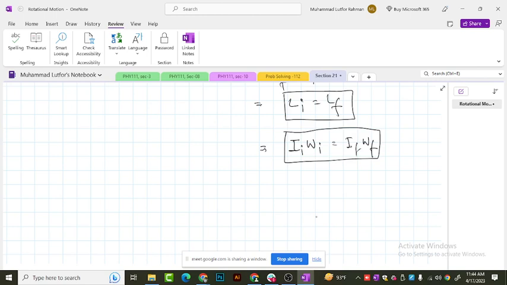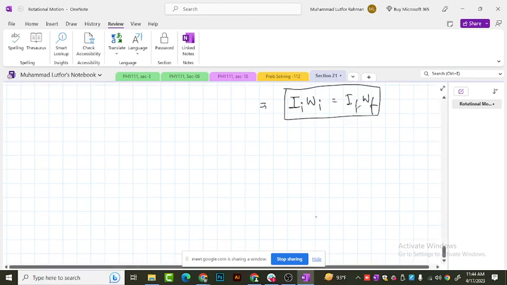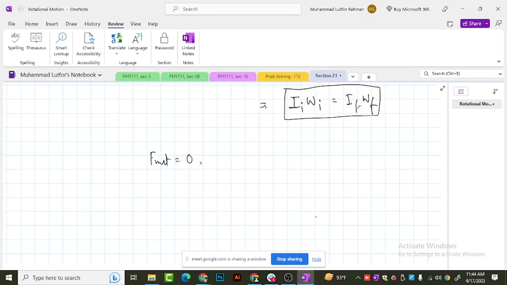If the external force is 0, then the linear momentum will be conserved. But if the torque is 0, then the angular momentum will be conserved. If the net external force is 0, then the system cannot move its center of mass, but it can be rotated.